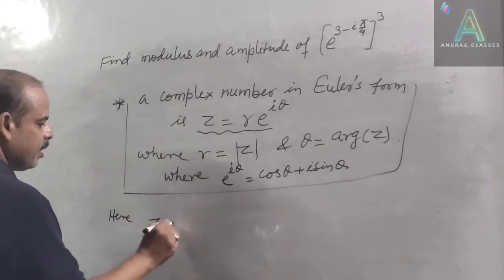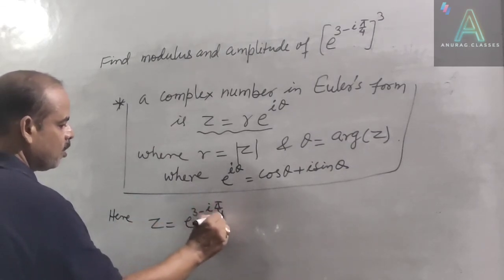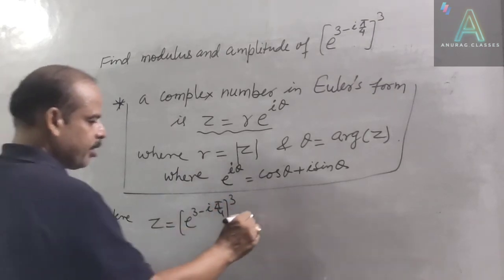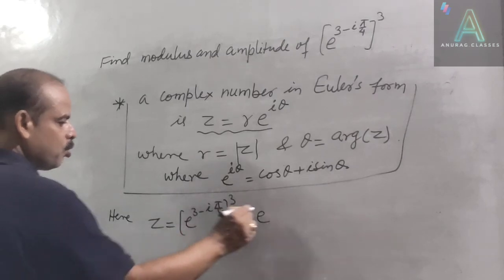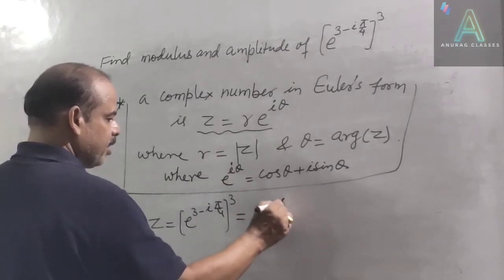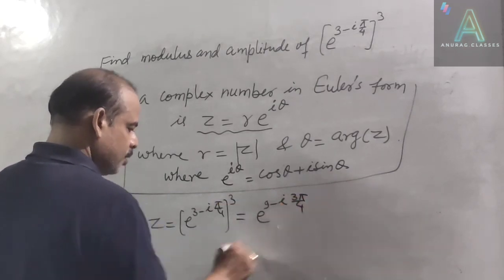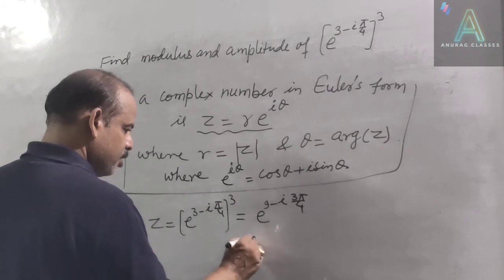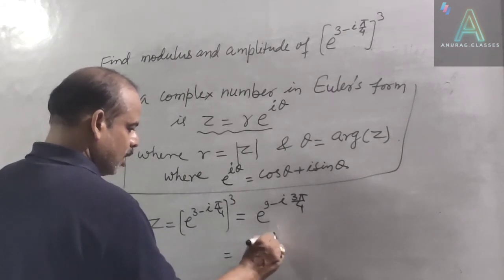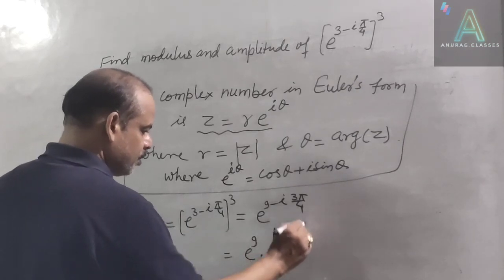Here Z is equal to e to the power 3 minus iota pi by 4 and whole to the power 3. Very clearly you can conclude that it is e to the power 9 minus iota into 3 pi by 4. This can be written as e to the power 9 into e to the power iota and minus 3 pi by 4.